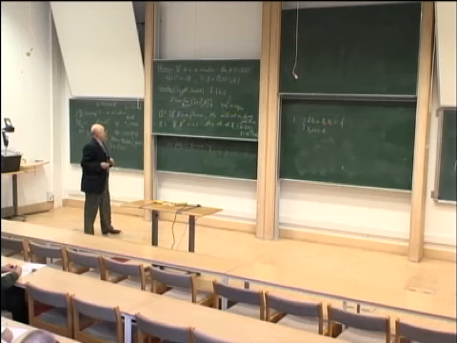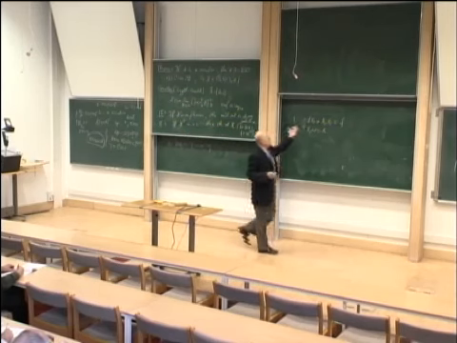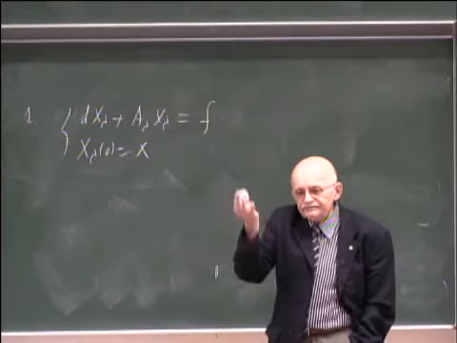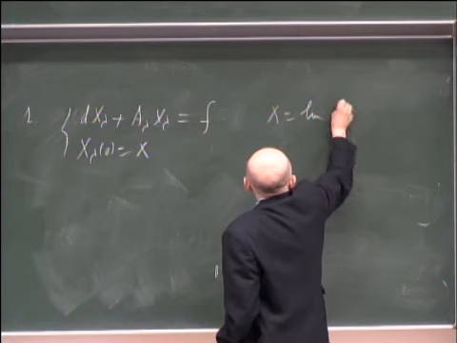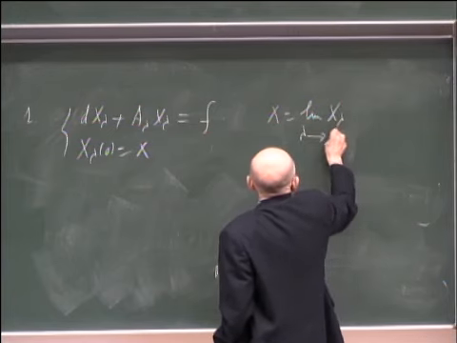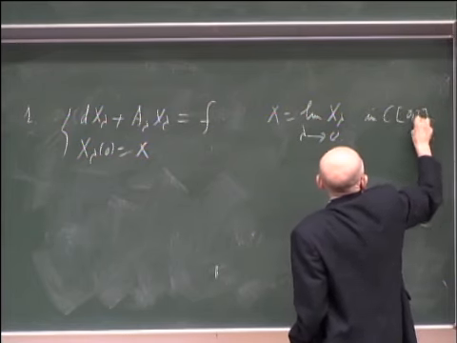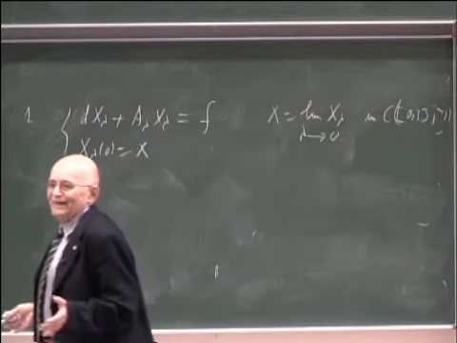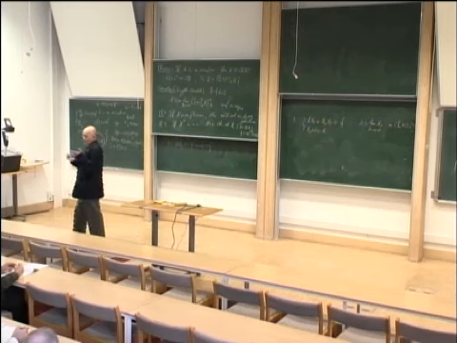Now, if X star is uniformly convex, then this solution, mild or strong, is the uniform limit of x_lambda when lambda goes to 0 in C, on each interval uniformly. So the solution can be obtained as the limit of the Yoshida approximation equation.